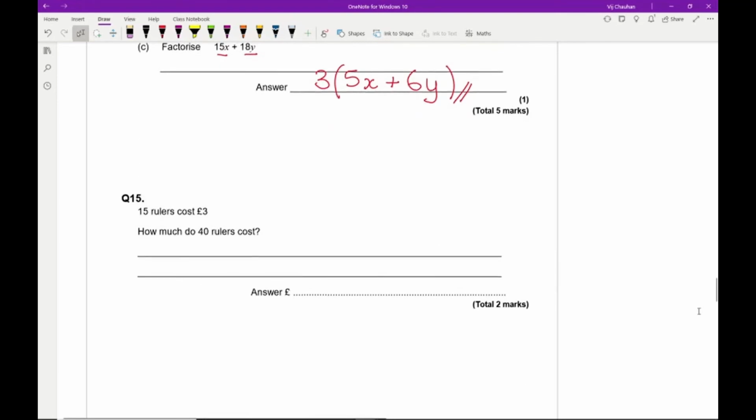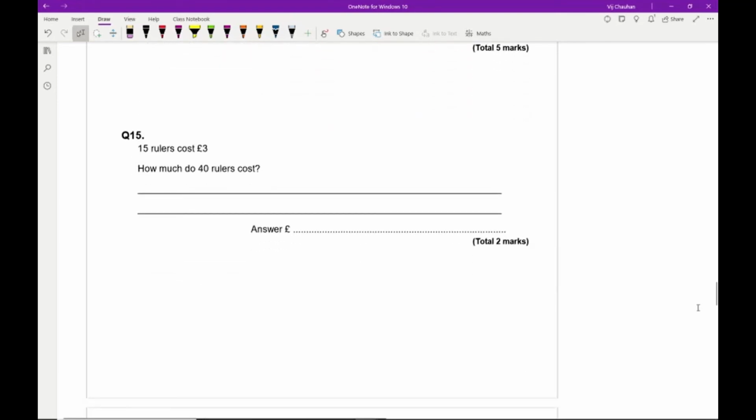And then moving on to question 15, it says 15 rulers cost £3, work out the cost of 40 rulers. And again, the first thing we need to work out is the price of 1 ruler. So 1 ruler costs £3 divided by 15, which if I type that into my calculator, 3 divided by 15 equals 0.2, so that's 20 pence.